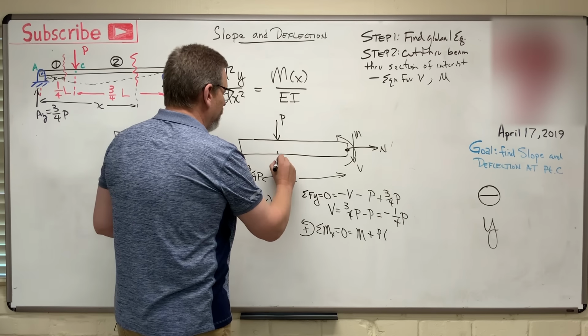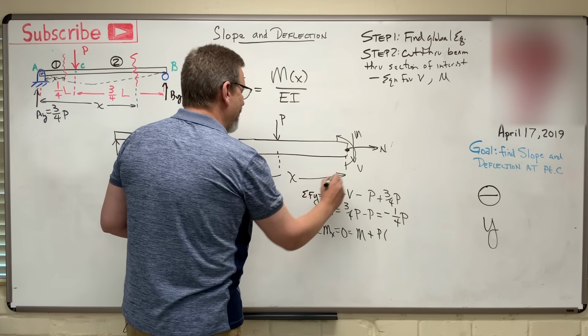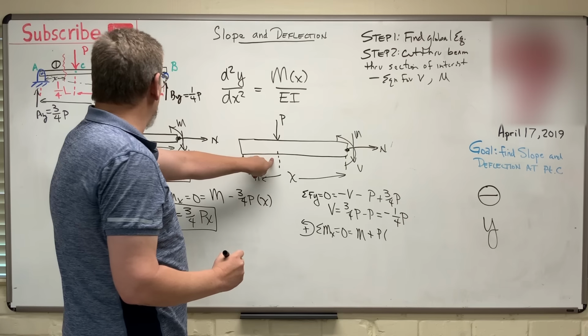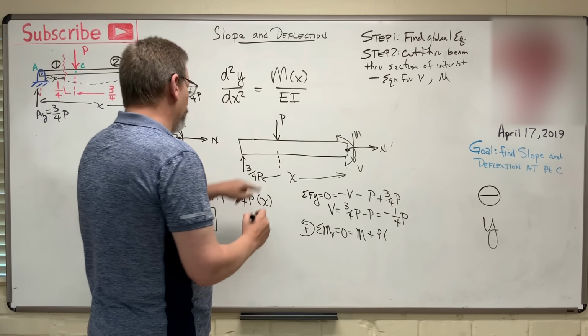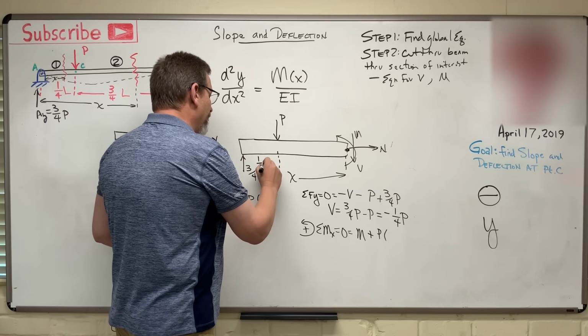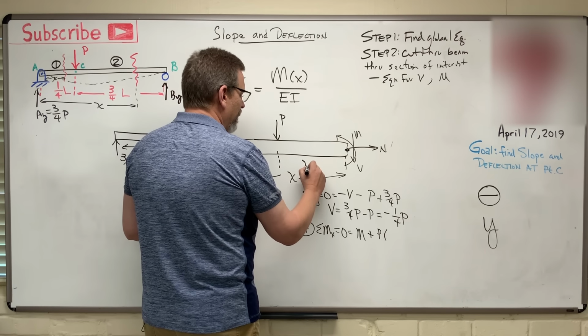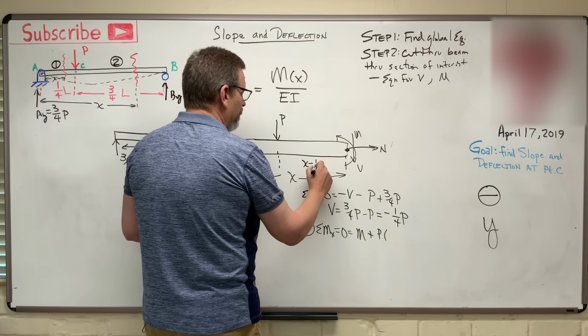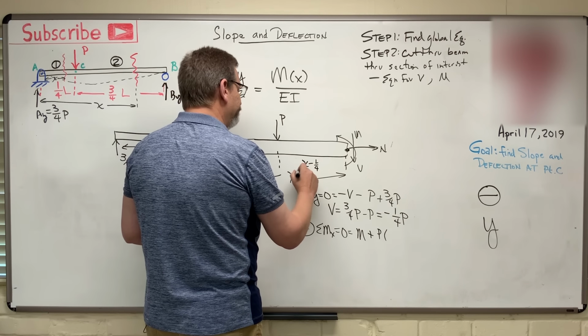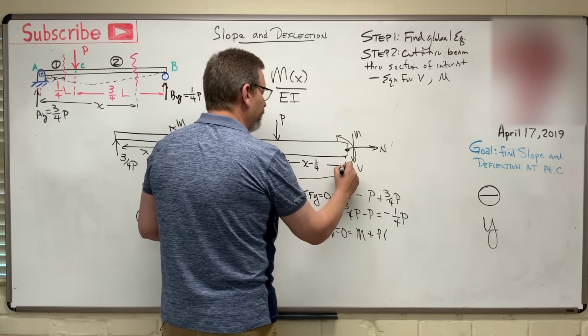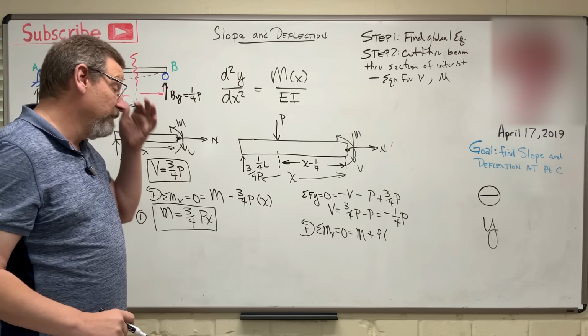Well, we know that this over here is 1/4 L, right? So this distance here must be X minus L over 4.